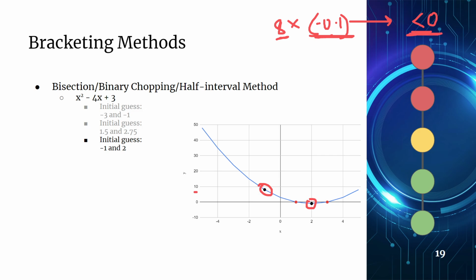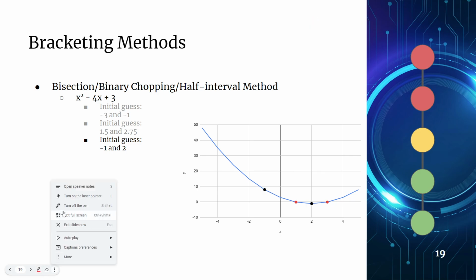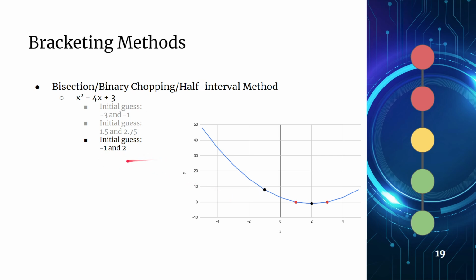If they are less than 0, we claim that there was a root in between, and that is all the reason we did that checking, and we kept on checking whether or not the value remained between these two ranges. And thus now we have those guesses, which is -1 and 2.